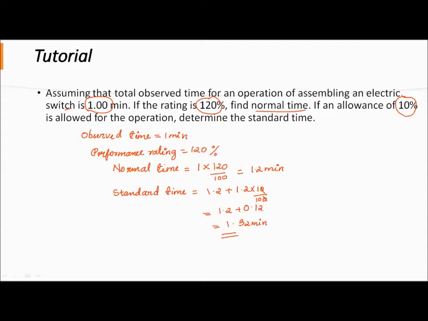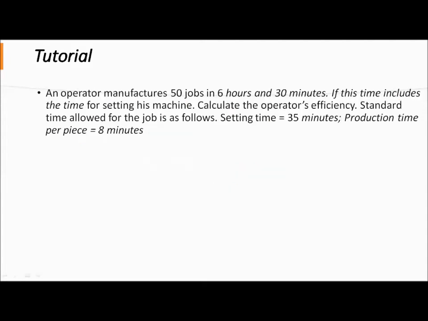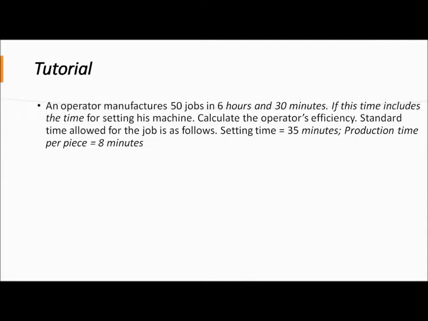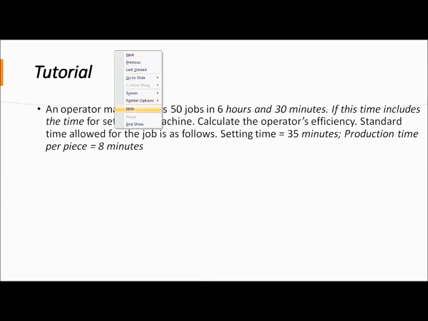To understand it better, I will go to one more problem. So to understand the concept, we are going into the second problem. So here an operator manufactures 50 jobs.